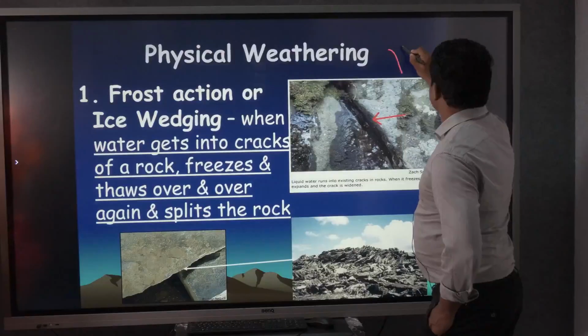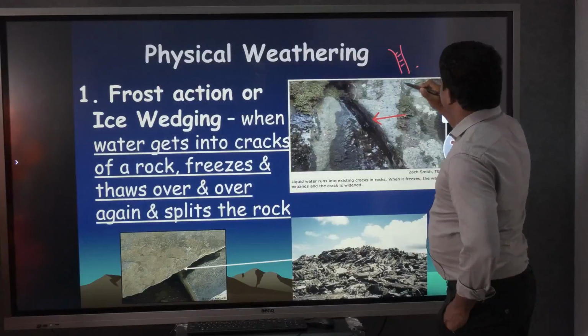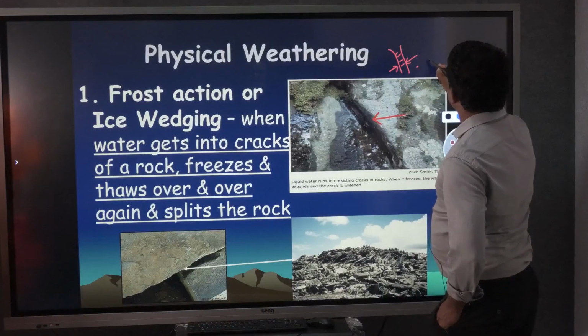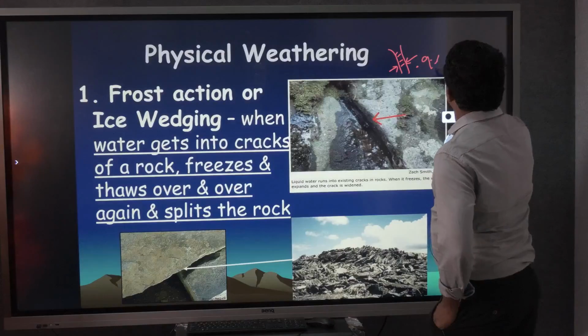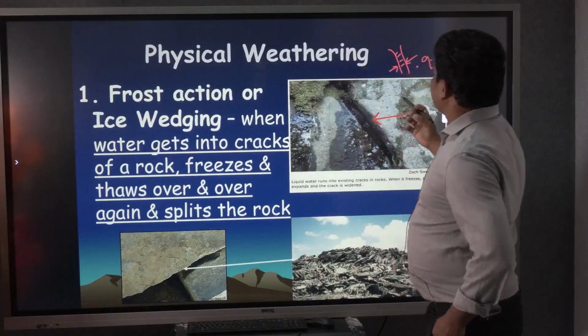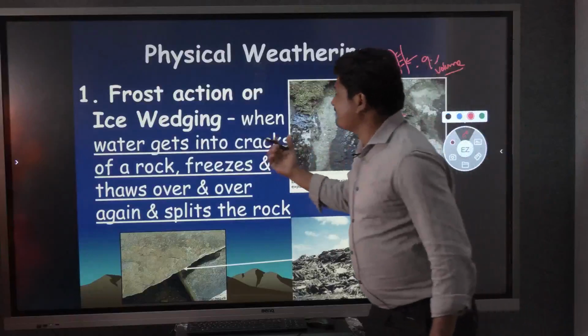For example, this is one crack, and water is added into this particular crack. When the water freezes, its volume increases by 9%. Then the cracks will be expanded. That we call frost action.